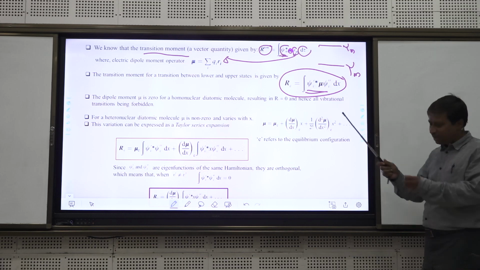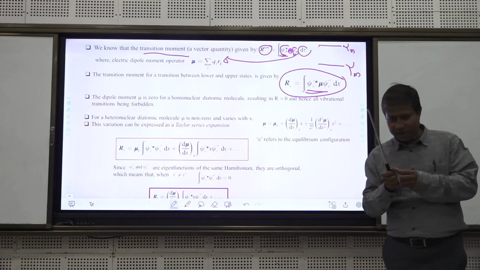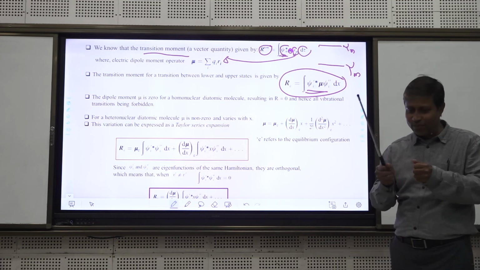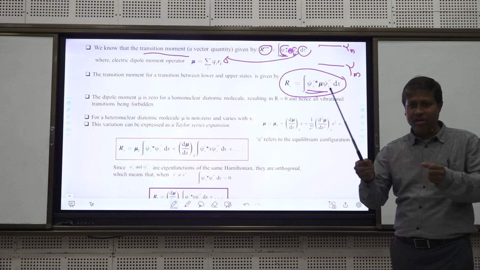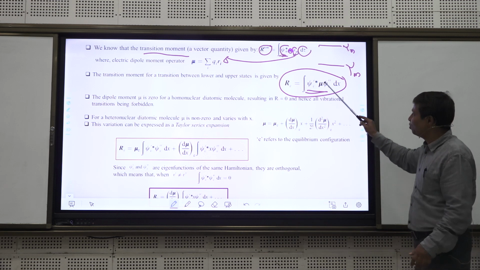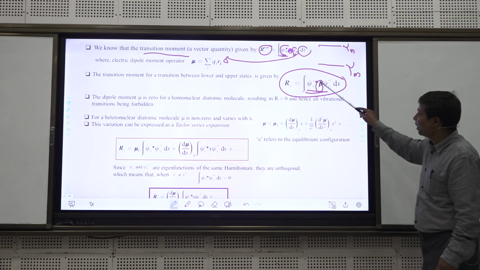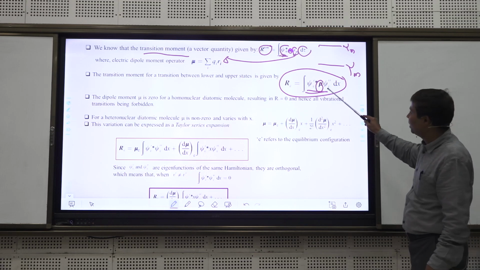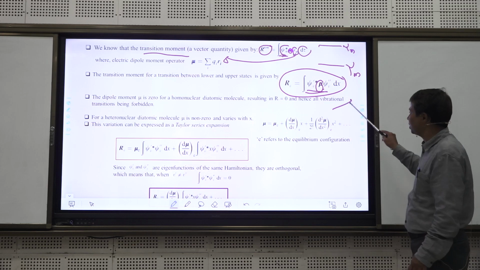Now it is vibrational spectroscopy. So we have to think how the dipole moment changes with the stretching or compression process.